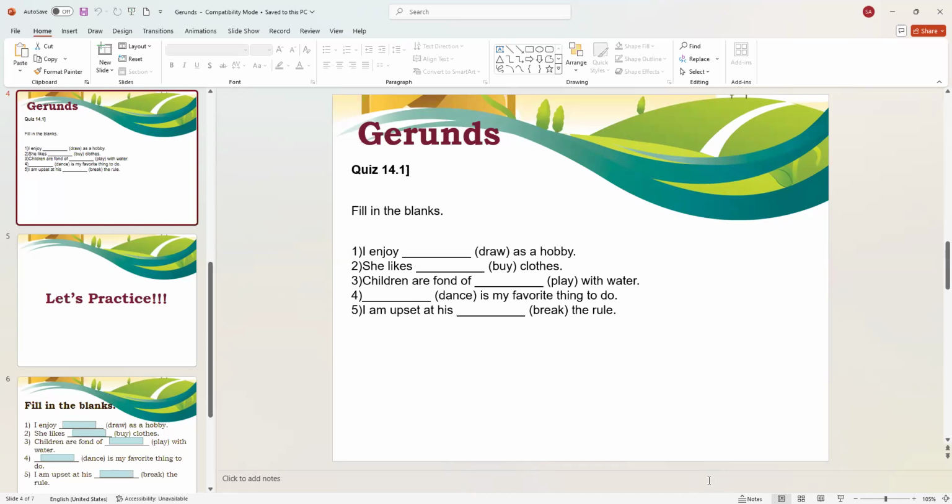How about break? Breaking. So it's very easy, right? You can actually get the answer. Just always think about a verb added with ing and it will now be a gerund.